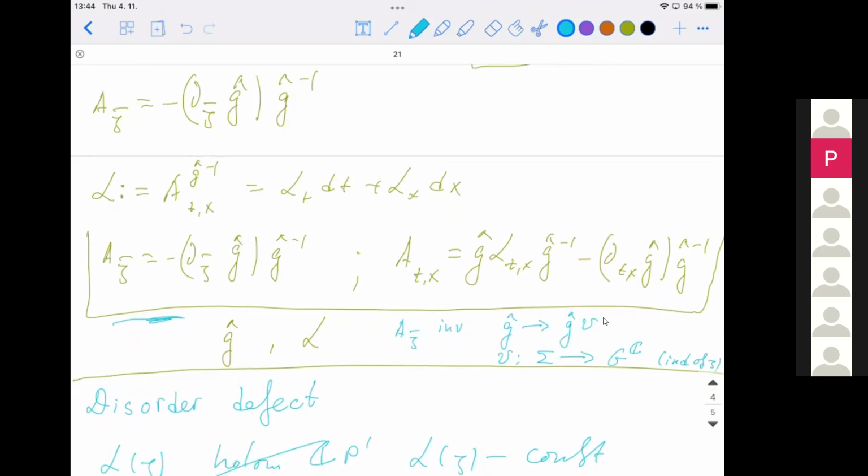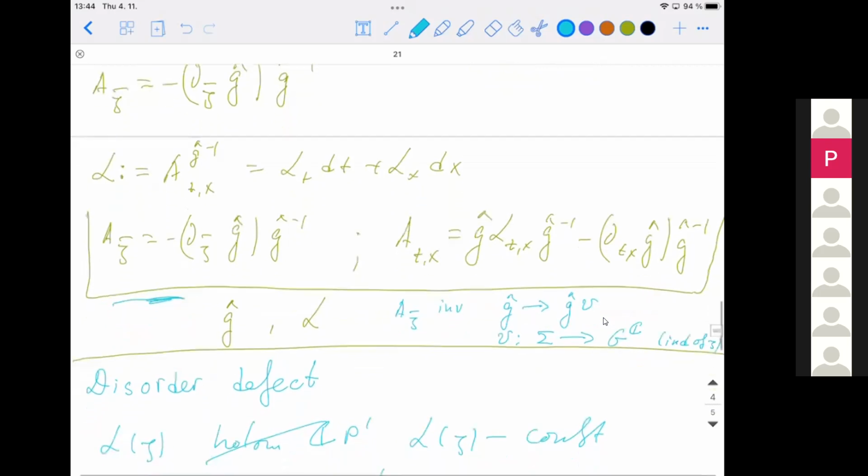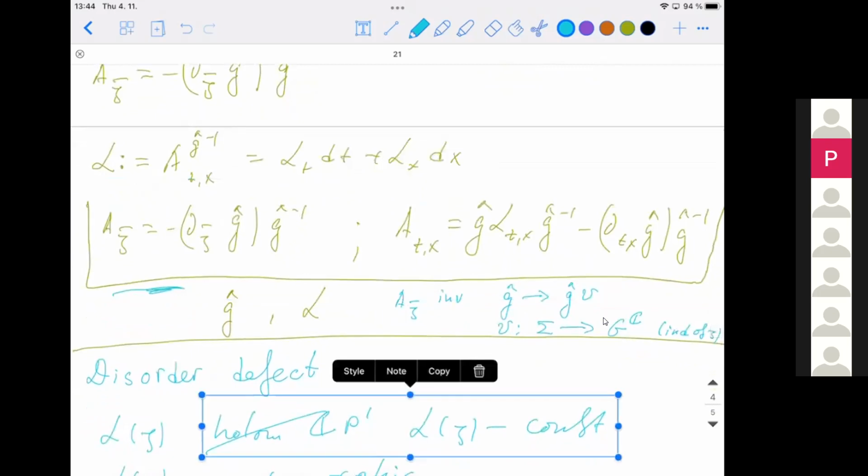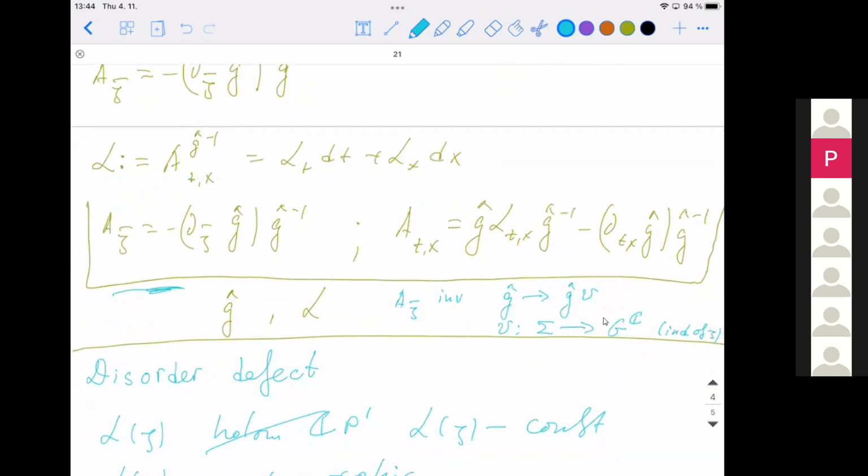Okay. So A z bar is invariant under this, but let me just write it up here. This Ln needs to be transformed like this. So this is the gauge transformation of the Lax.